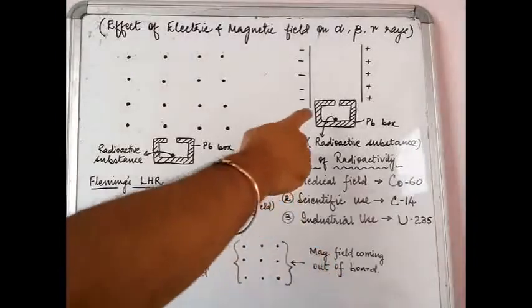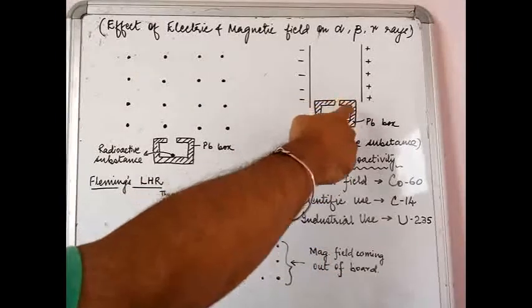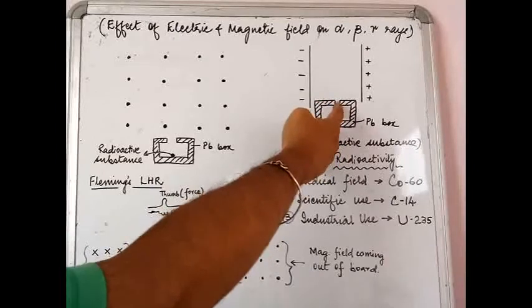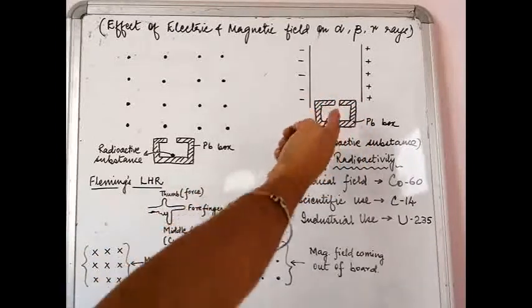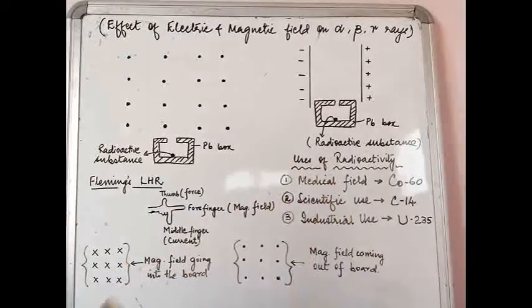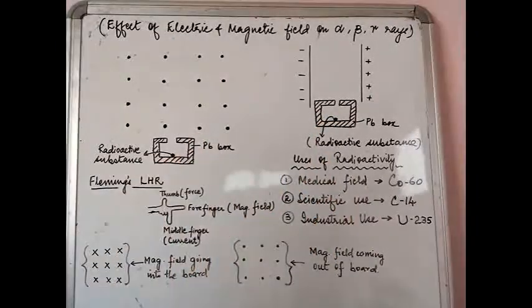First of all, you can see that there is a box with a small opening over here. You can call this a slit or a small opening. Okay, this box is a lead box. Why lead? Because lead basically is a stable element, and it has the capacity to not allow the radiations to spread out, go out through it.